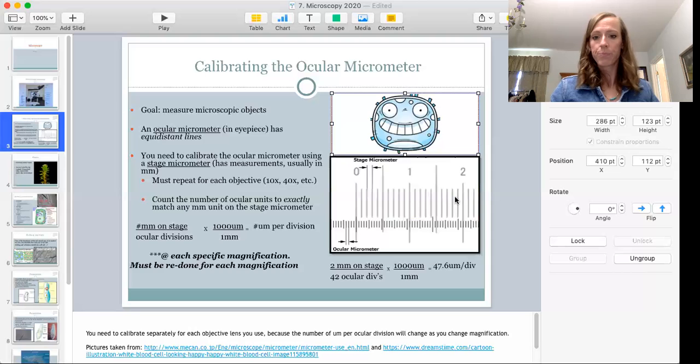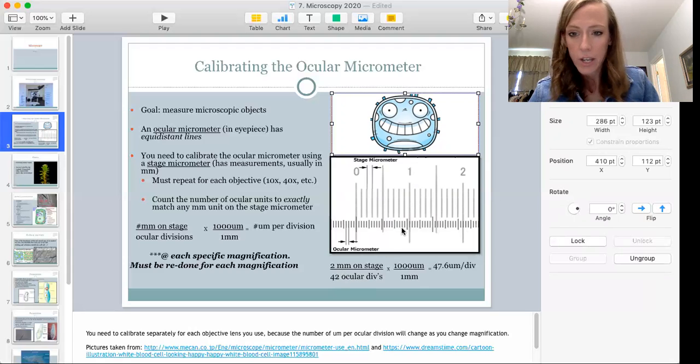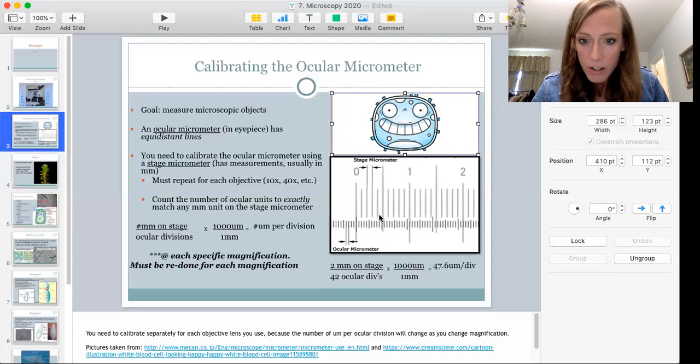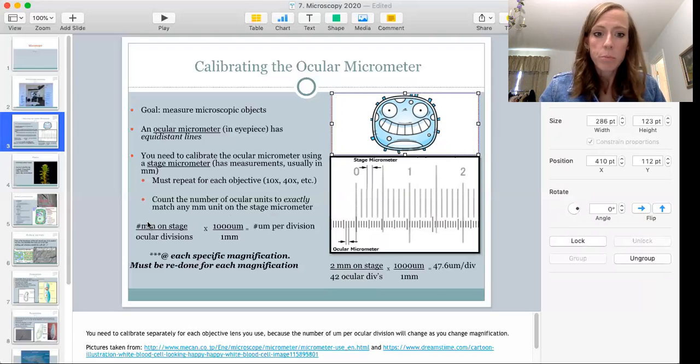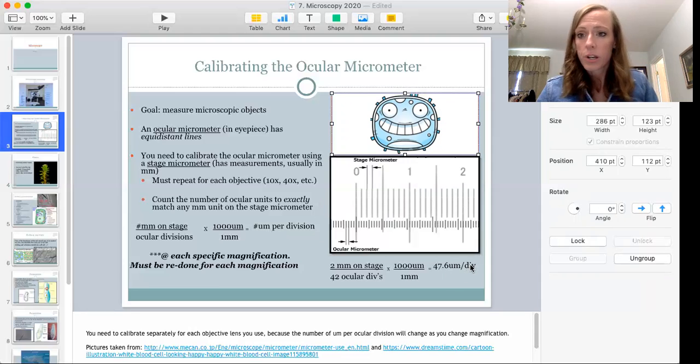So for this example, I have lined up the 2 millimeter mark with, I say here, 42 ocular divisions. So hopefully I counted correctly. But the 2 is going to line up directly with 42 ocular divisions, right? So basically all you do then is you place the 2 millimeters above 42 ocular divisions, and then you can multiply by 1,000 to convert to the number of micrometers that equal 1 division on your ocular.